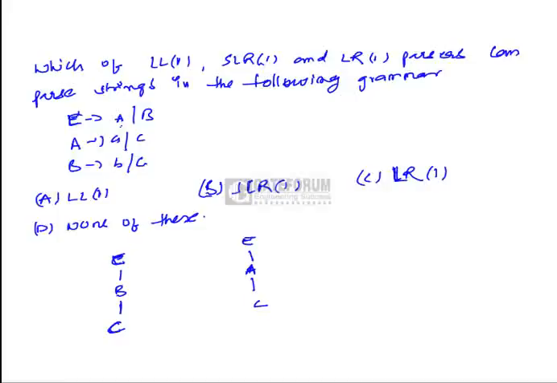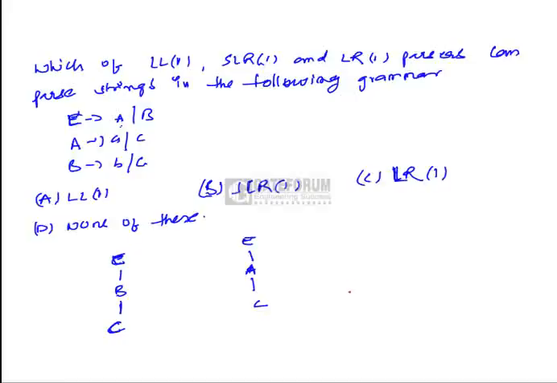parse ambiguous grammar by any of LL1, SLR1 and LR1. Cannot construct LL1, SLR1 and LR1 parsers for an ambiguous grammar. There is only one parser, which is called operator precedence parser, which can parse some of the ambiguous grammar.